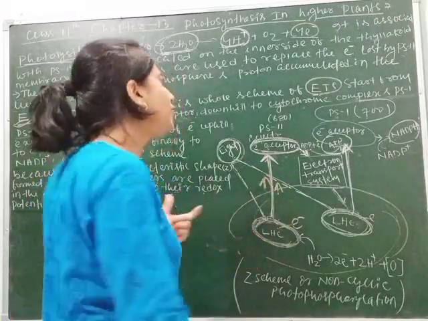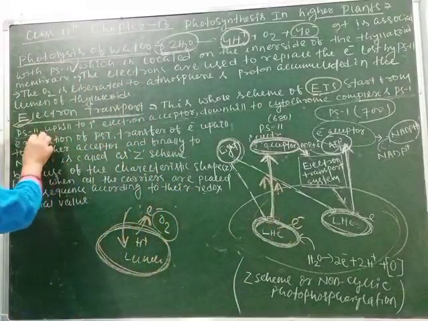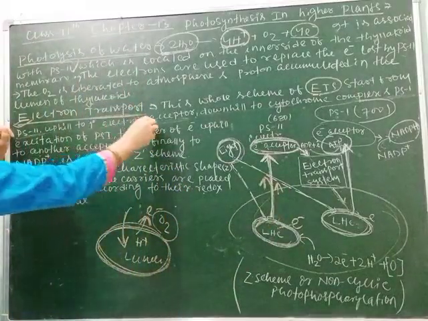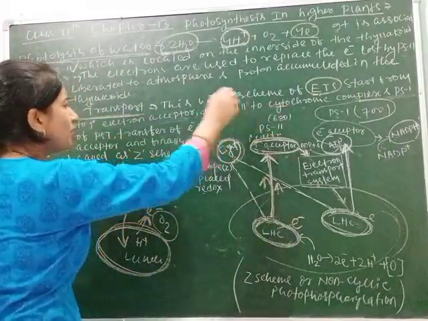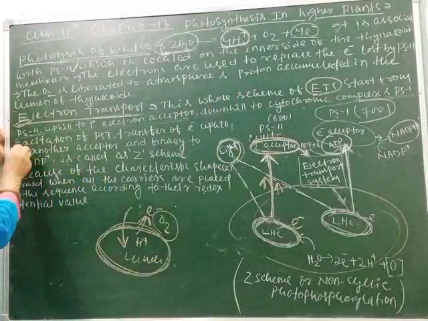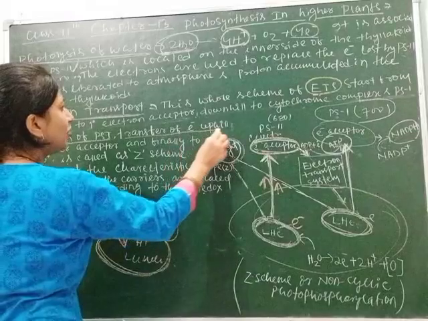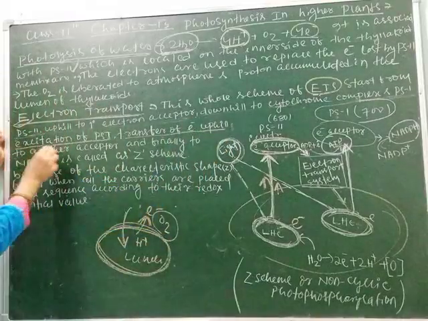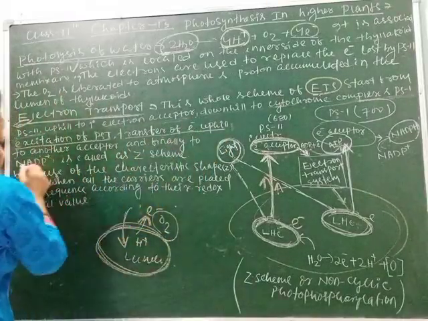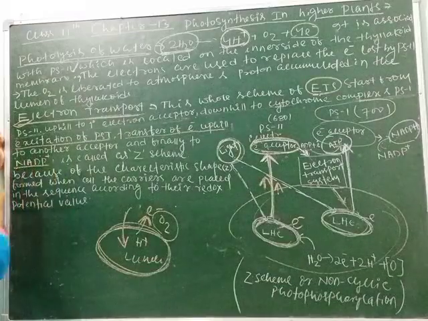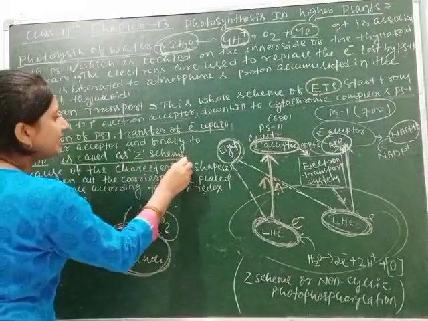So how is this produced? We will understand this. Downhill to the cytochrome complex and PS1, excitation of PS1, transfer of electron to another acceptor, and finally to NADP plus, and this is called the Z scheme.